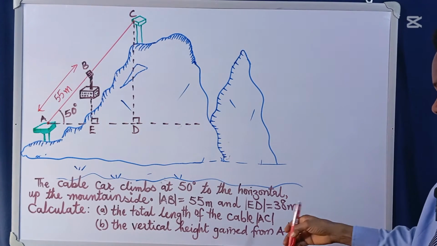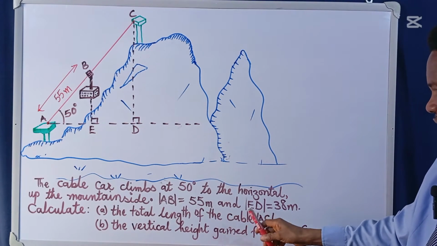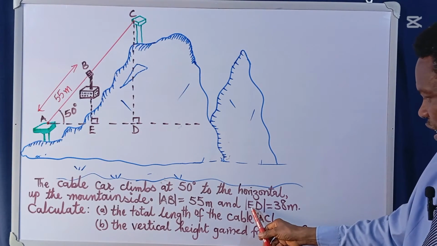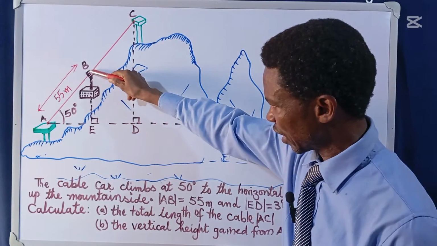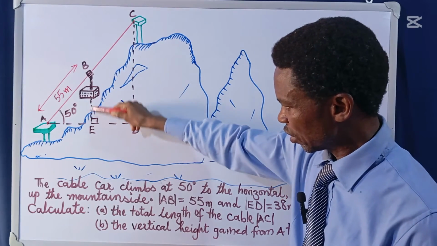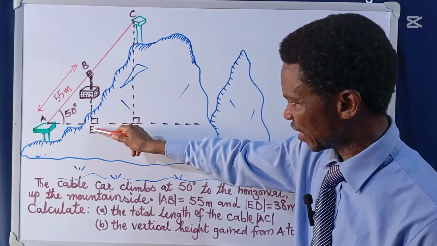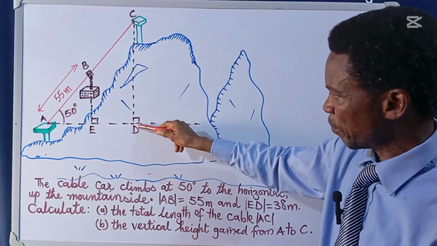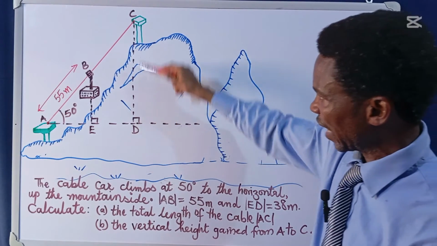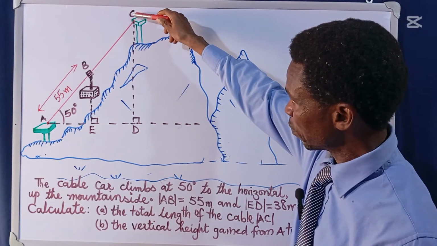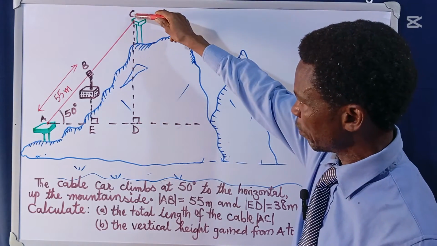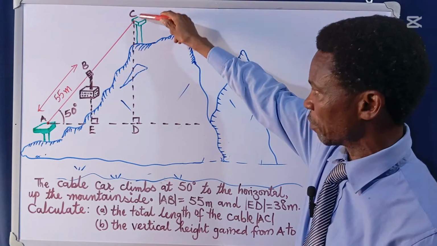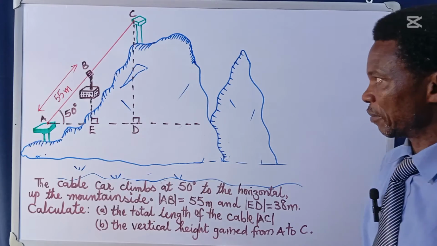Okay, so let's get the additional information. ED is 38 meters from the base of the cable car, just directly under it, when we measure the perpendicular height down from the top of the mountain to the base here.